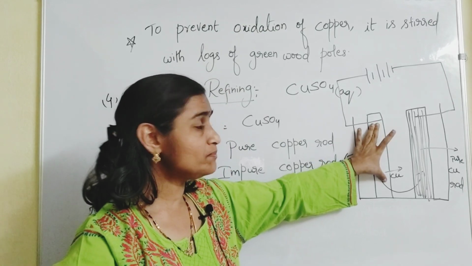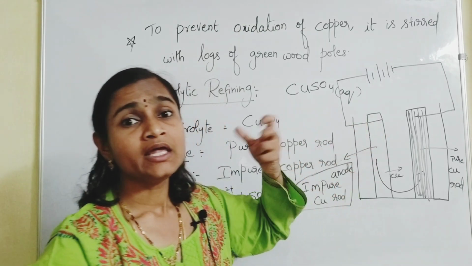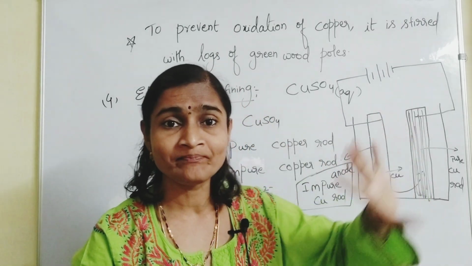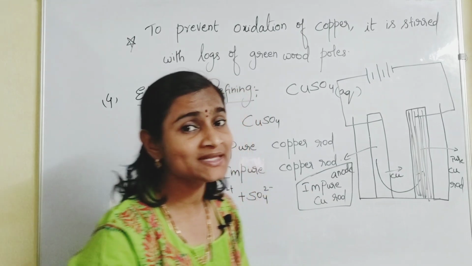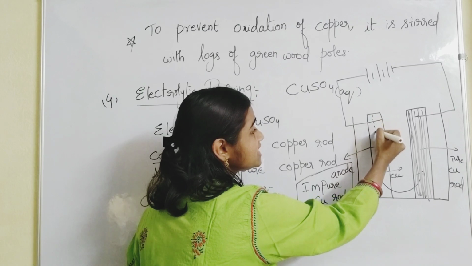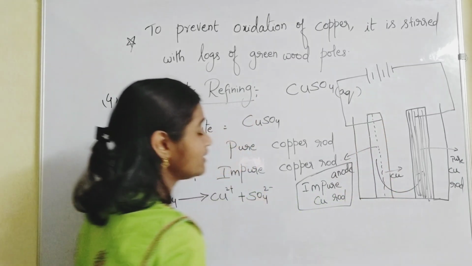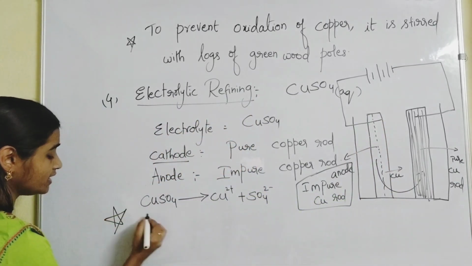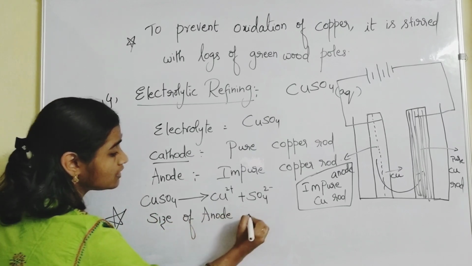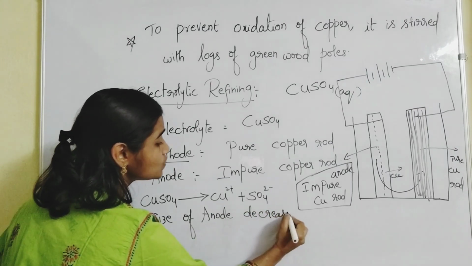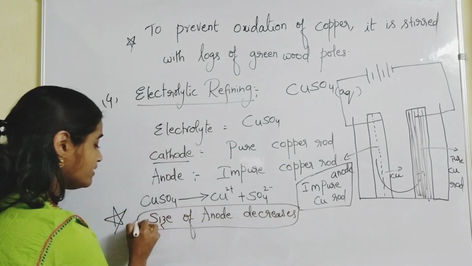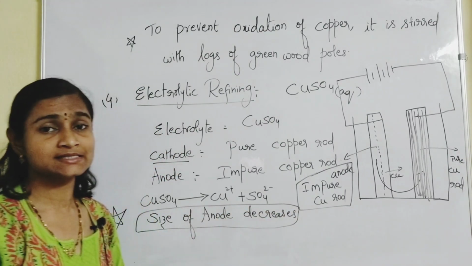When this impure rod is getting oxidized, it loses its shine, because copper is going away. If copper is going away, the size of the anode keeps decreasing. Please remember this important point: size of anode decreases, because copper is going away from the anode.